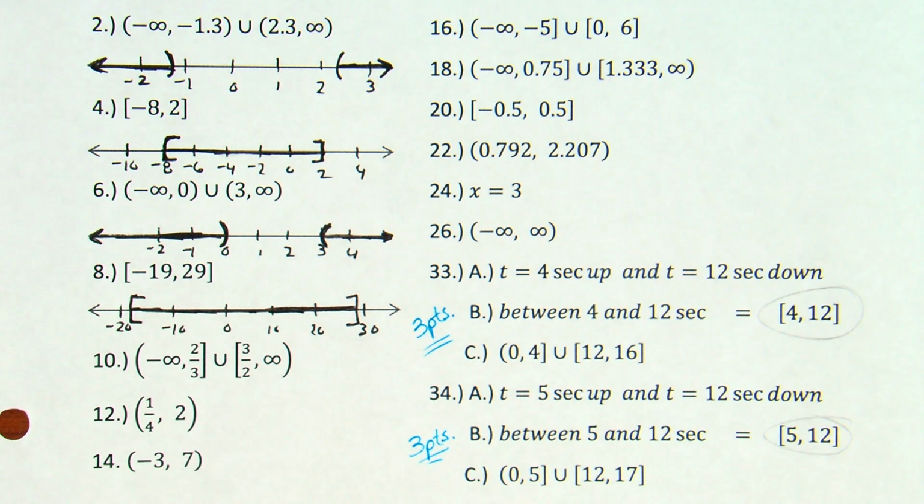Okay, your homework tonight, you still have a couple minutes of class, is to work on the Chapter P review worksheet. There's 32 questions on the Chapter P review worksheet.